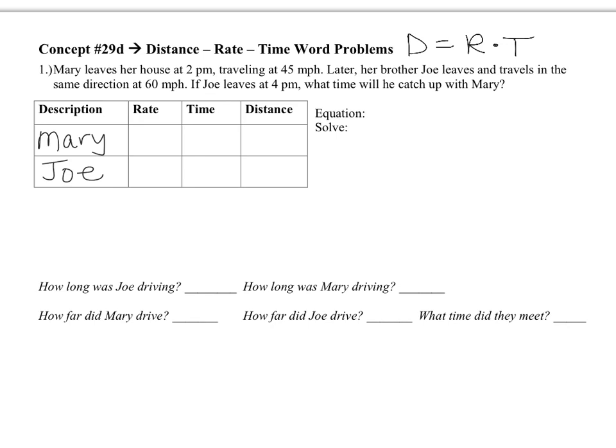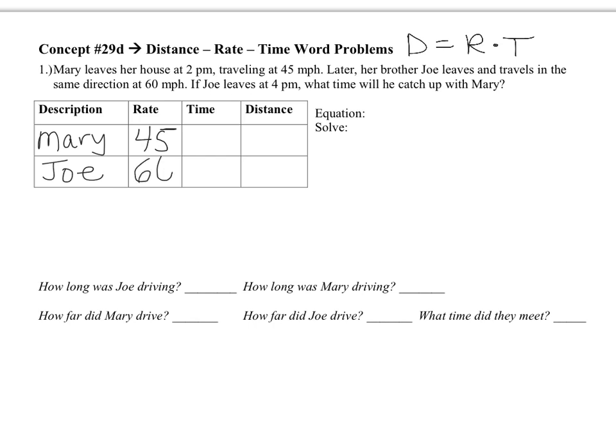So rate is always measured in miles per hour, feet per second, inches per minute, something like that, right? So I'm just going to put 45 in for rate here. And then it says later, her brother Joe leaves and travels in the same direction at 60 miles per hour. So Joe's rate is 60.